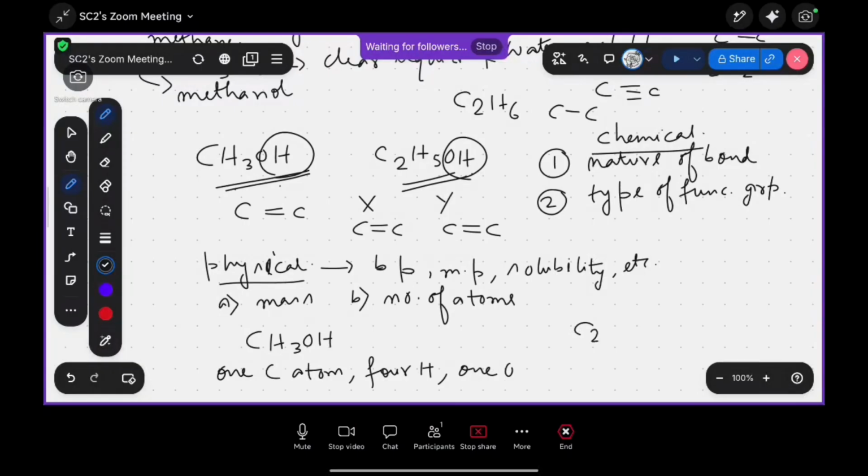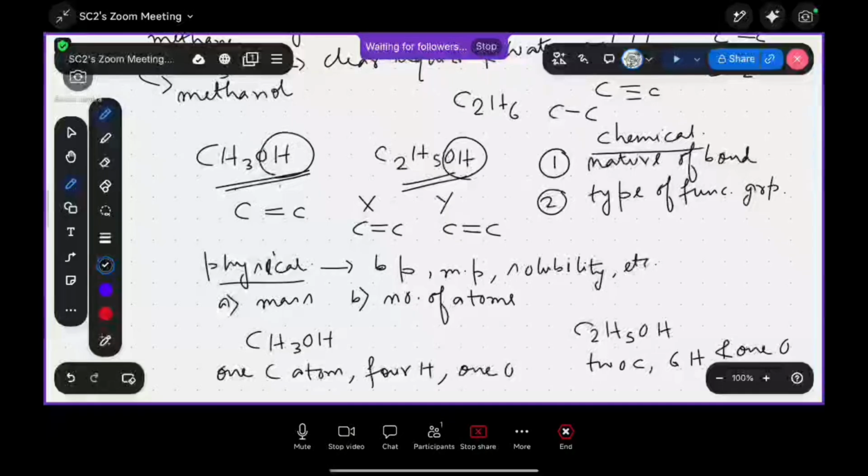Whereas C2H5OH is having 2 carbon atoms, 6 hydrogen atoms, and 1 oxygen atom. So obviously that means if the number of atoms changes, the mass also changes. And if the mass changes, the physical property also changes.